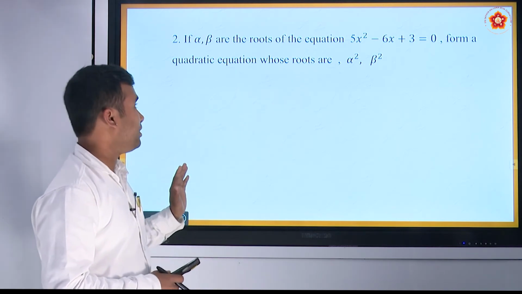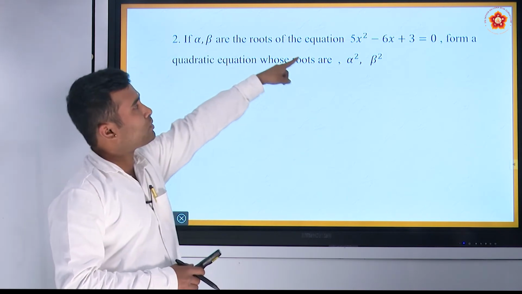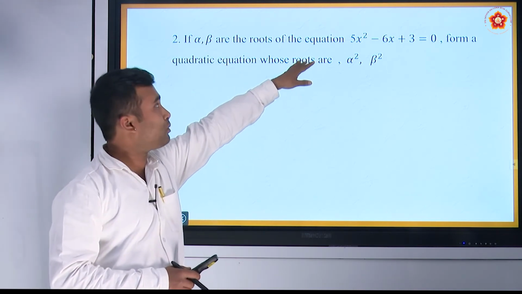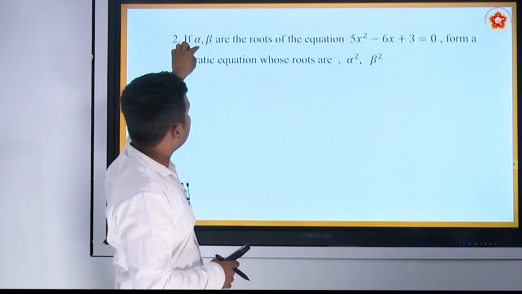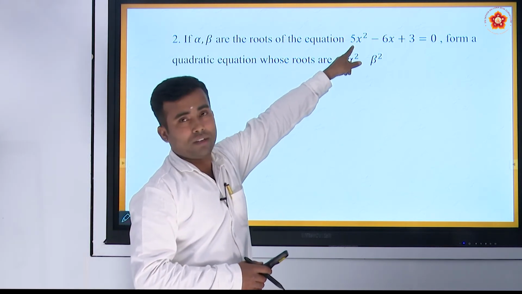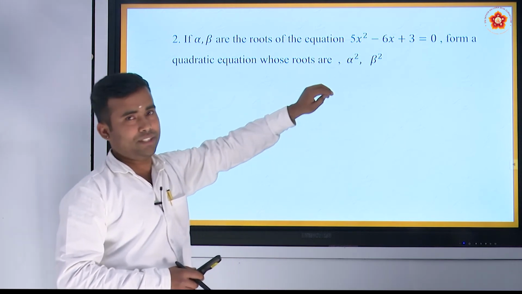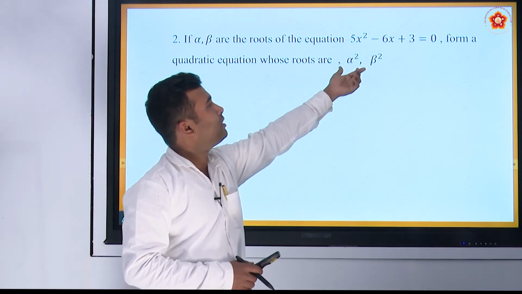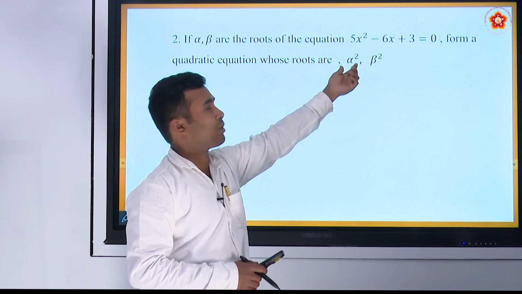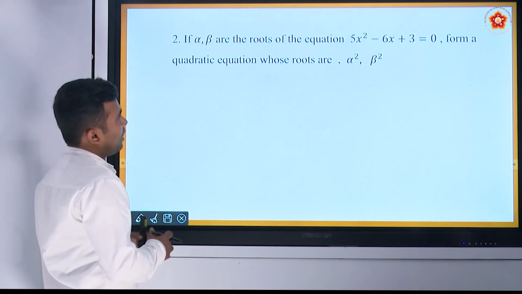Understand the question here. Let me read it again. Alpha and beta are the two roots of that equation, which is given in a general way, that is alpha and beta. For this one, now I want to make a quadratic equation using this as roots. Understand?